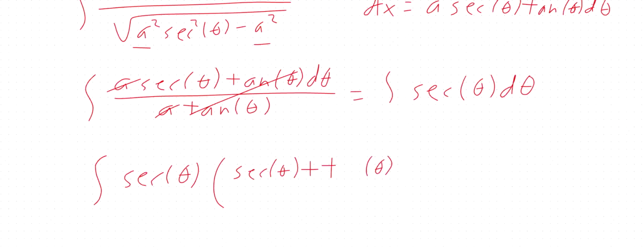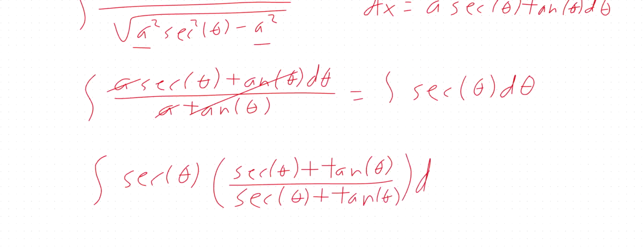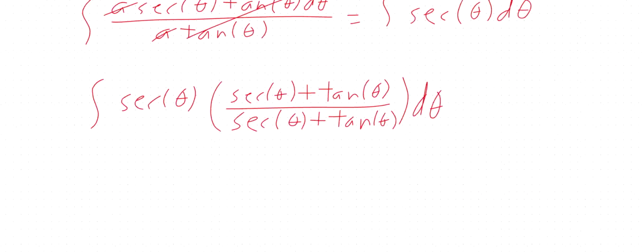Run together. So we're multiplying by 1, so we're not changing anything.